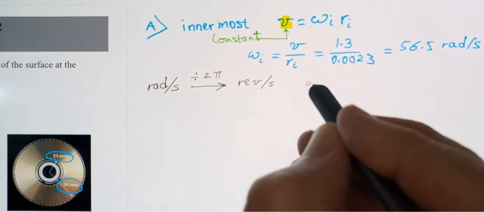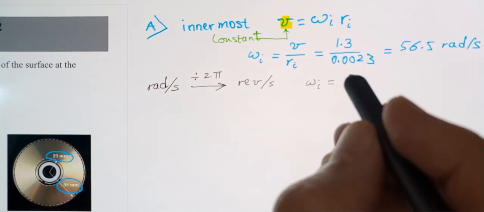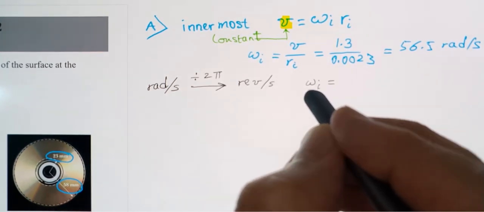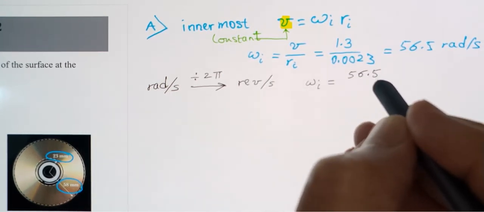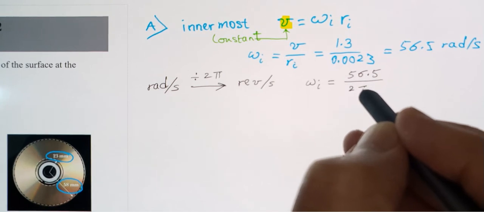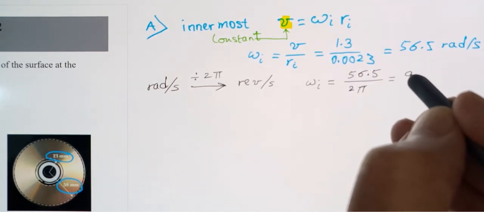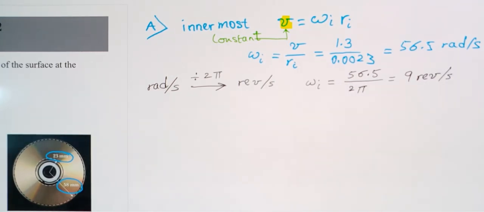So that means our angular speed, or angular velocity, is 56.5 divided by 2 pi, which is now 9 revolution per second.